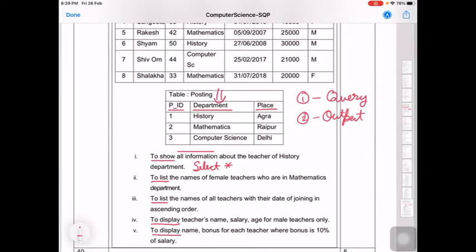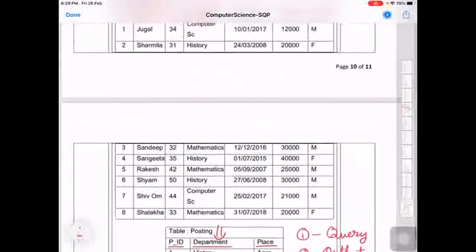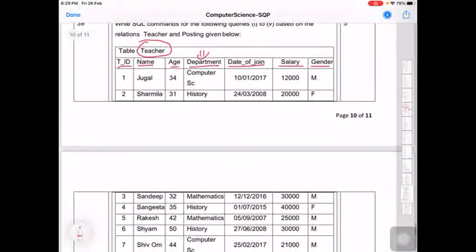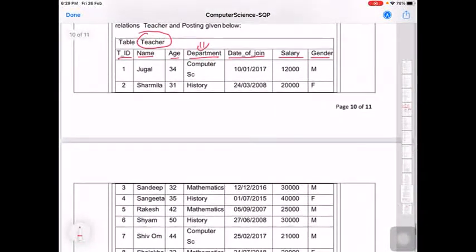About the teacher means you have to deal with the teacher table. So you should write from teacher. The name should be as it is given to you.